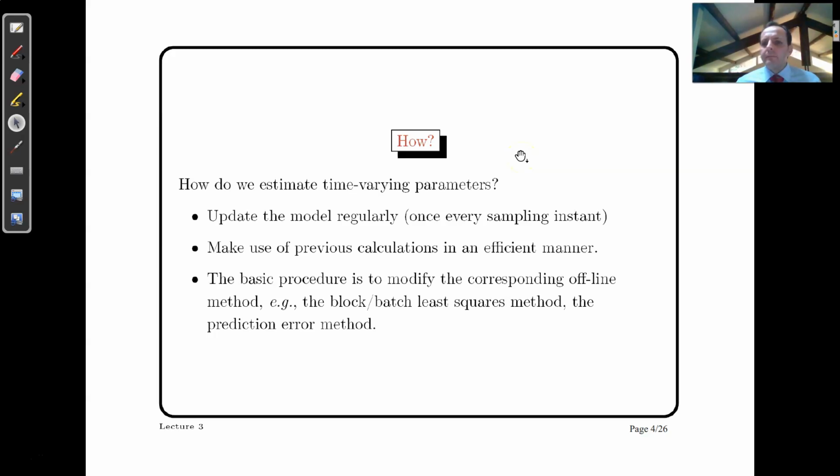So there are two options. As far as we know at this point, how can we estimate time-varying parameters?